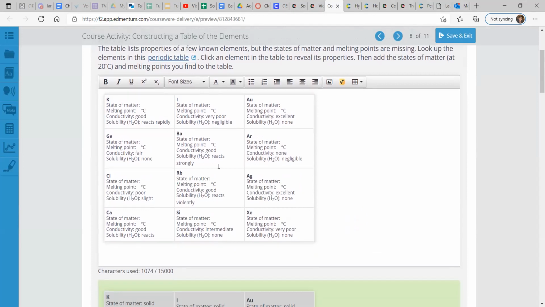And we're looking for these 4 things: the state of matter, the melting point, conductivity, and solubility in water. So water solubility, what happens when you put it in water? Can it conduct electricity? When does it melt? And what state of matter is it in?